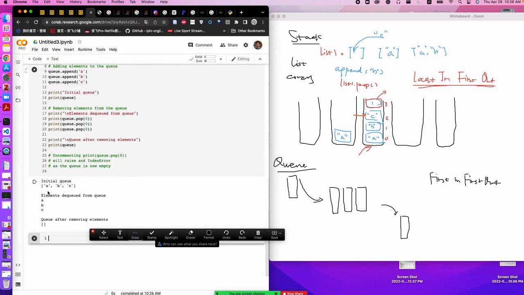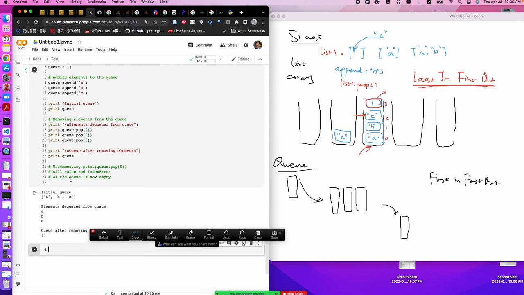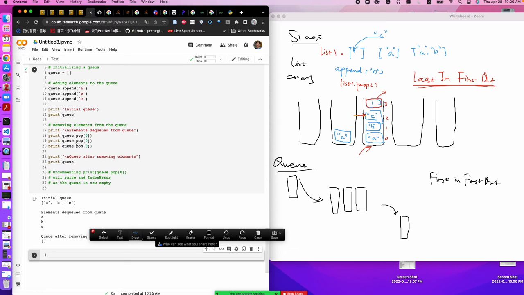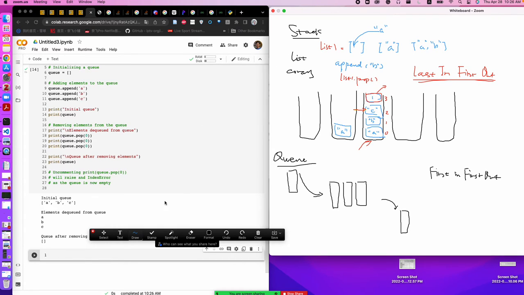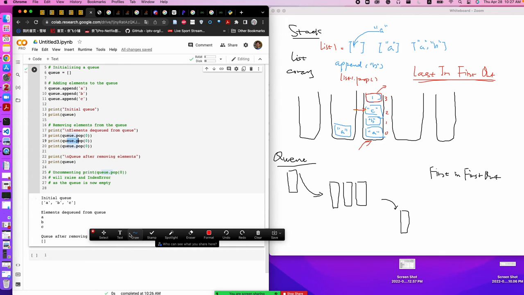So the initial queue is A, B, and C. So yeah, another way to use a queue is that we can still use the list.